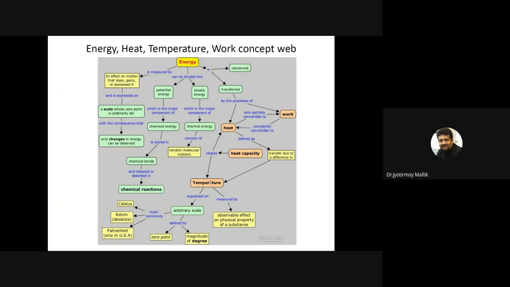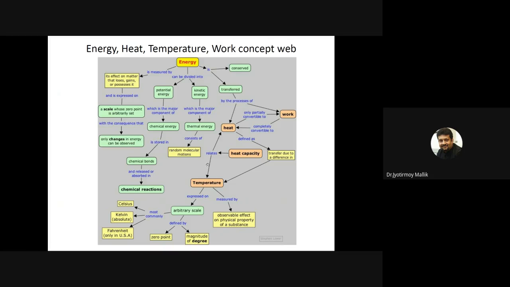If there are two bodies of different temperature A and B, and you put a connection between them, heat will flow from higher temperature to lower temperature. It doesn't depend on the total amount of heat in these bodies. It actually depends on their temperature difference, right?